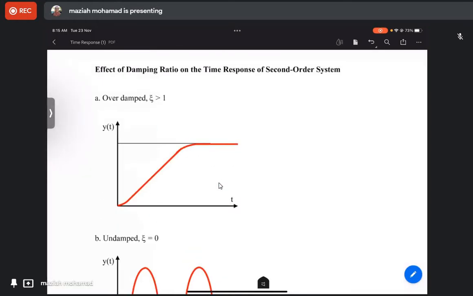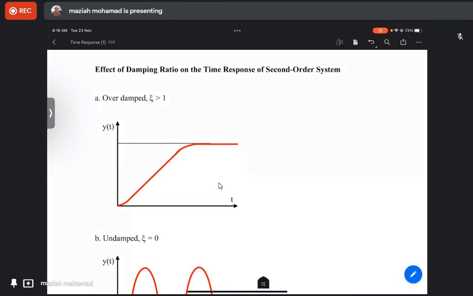All right, so damping ratio is a parameter that we need to choose. By choosing damping ratio, it will affect the behavior of the second order system. There are three regions of parameter that we can choose. The first one is what we call overdamped, when we choose zeta bigger than 1.